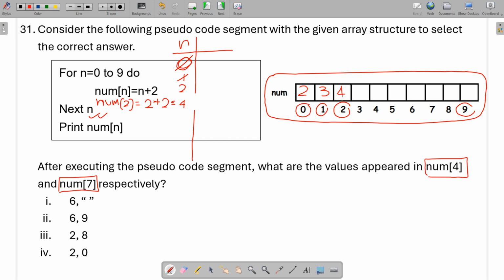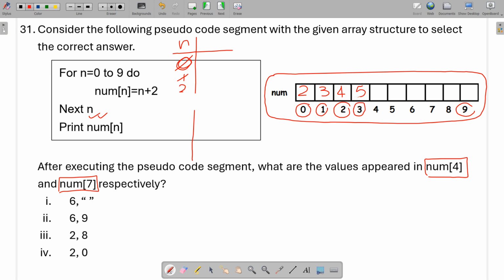So now you can identify the pattern of how it's going on. When any particular value is given to n, the array will be filled with the value which is 2 more than the value of n, right? So if the index is 3, num3 is going to be 3 plus 2, 5.